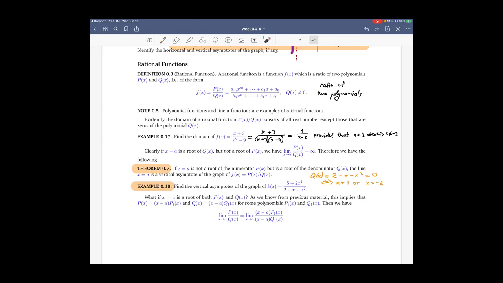Note that neither 1 nor negative 2 is a root of the numerator because the numerator doesn't have any real roots at all. 5 plus 2x squared is at least 5, so it's strictly greater than 0. So neither 1 nor negative 2 is a root of p, the numerator. So we have that both are vertical asymptotes. X equals 1 is a vertical asymptote, and x equals negative 2 is a vertical asymptote.